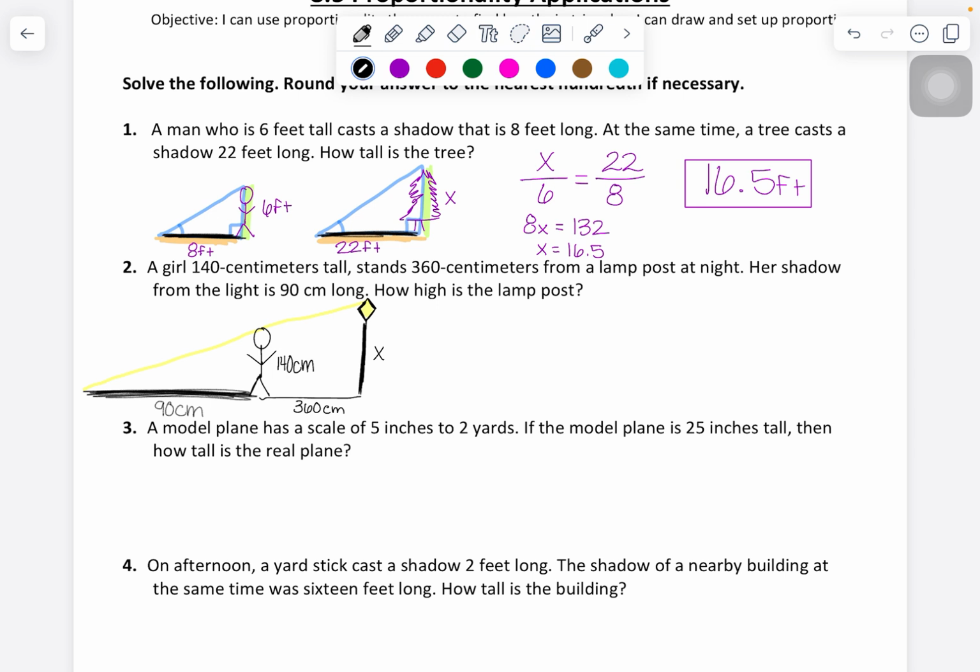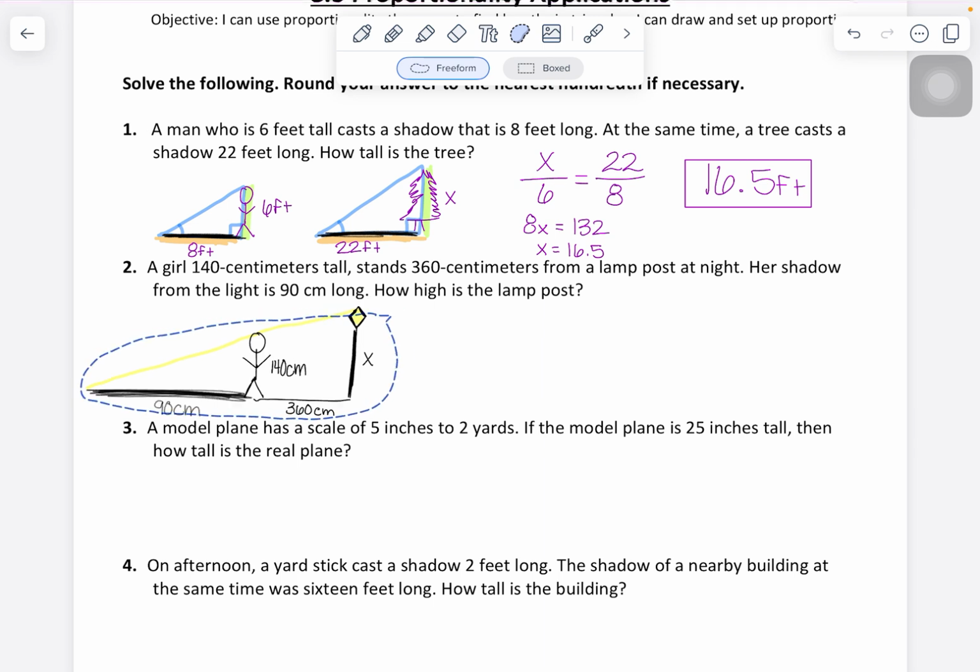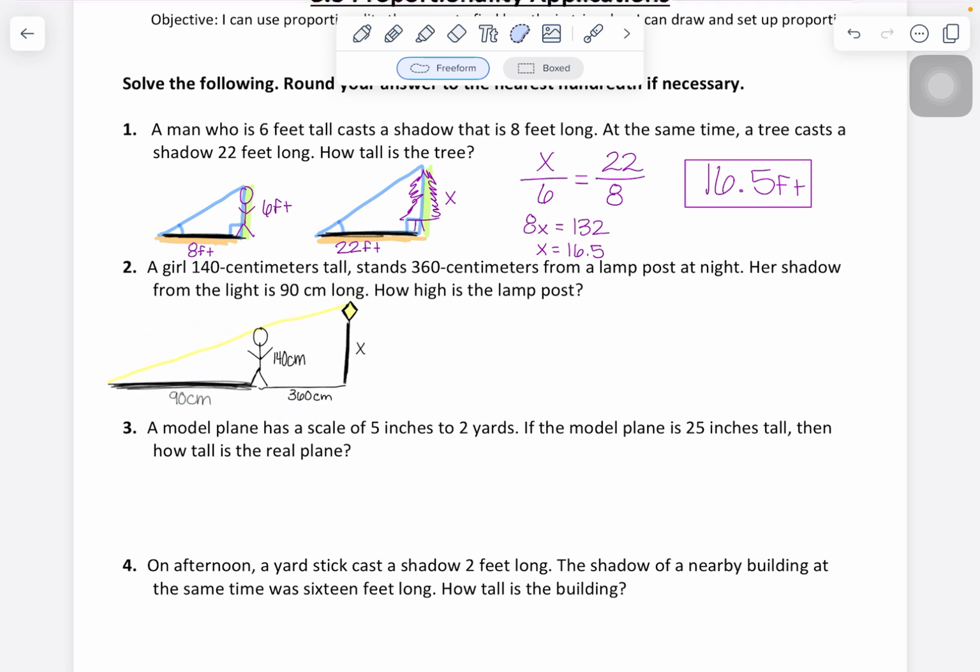Now, we have our overlapping triangles. So we can recognize our corresponding parts. Now, I wish I had made my picture a little bit smaller, and I have the advantage of being able to shrink it a tiny bit. Because now when I'm matching up corresponding pieces, the height of the person and the height of the lamppost go together.